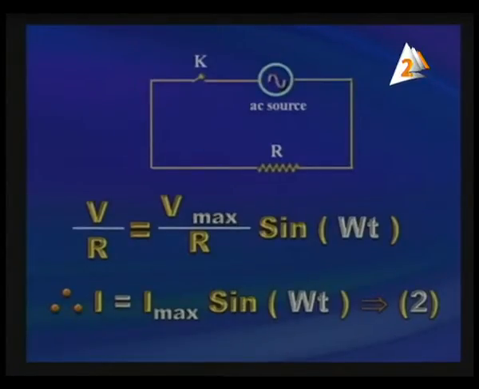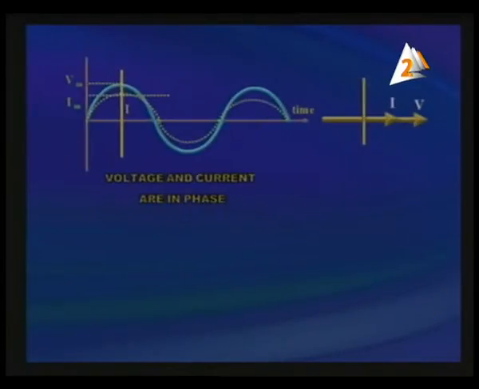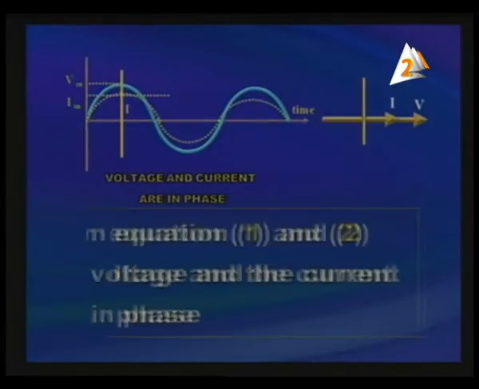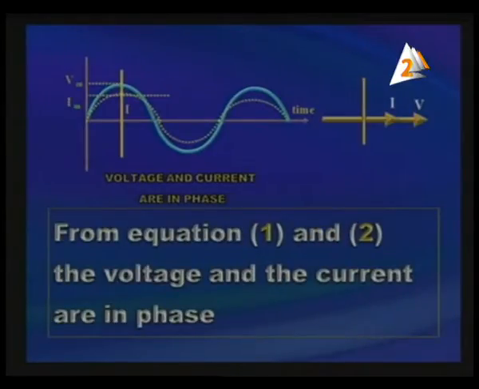If we compare the second equation to the first, okay, the voltage and the current will have the same phase angle. So the current and the voltage are drawn to coincide on each other. Okay, they have the same phase angle. So from equation 1 and 2, the voltage and current are in phase.